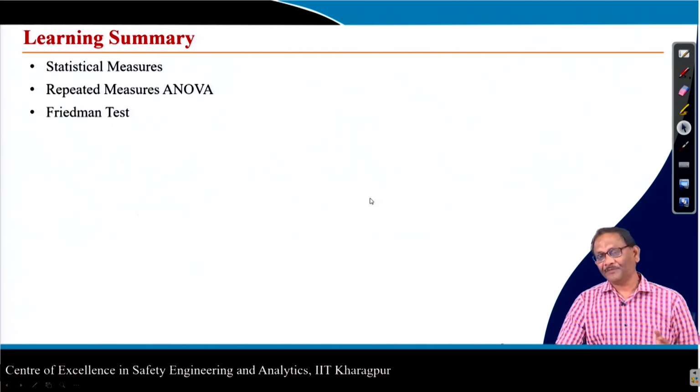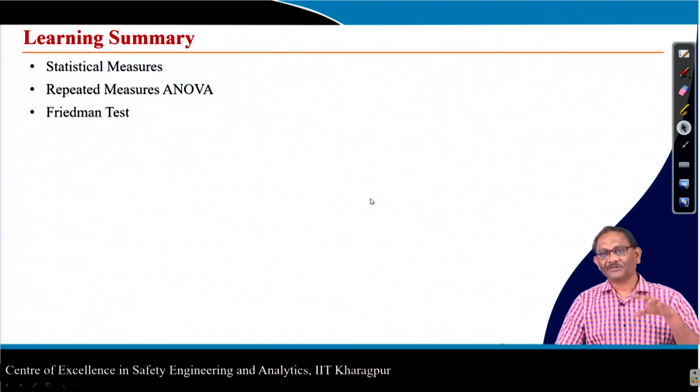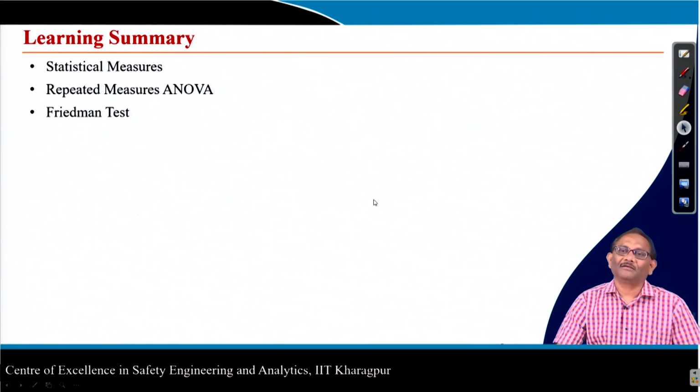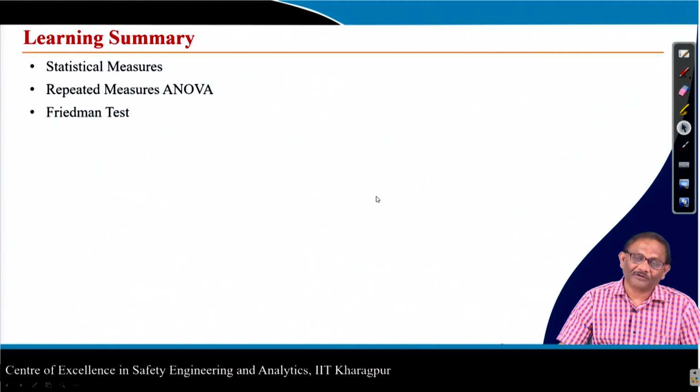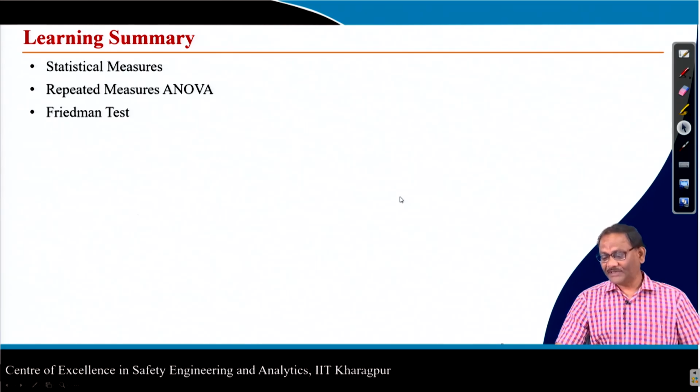On the other hand, if you think some control data can be collected just for the purpose of verifying whether the training is effective or not, that type of experimental data you can also collect, and accordingly use the appropriate techniques.